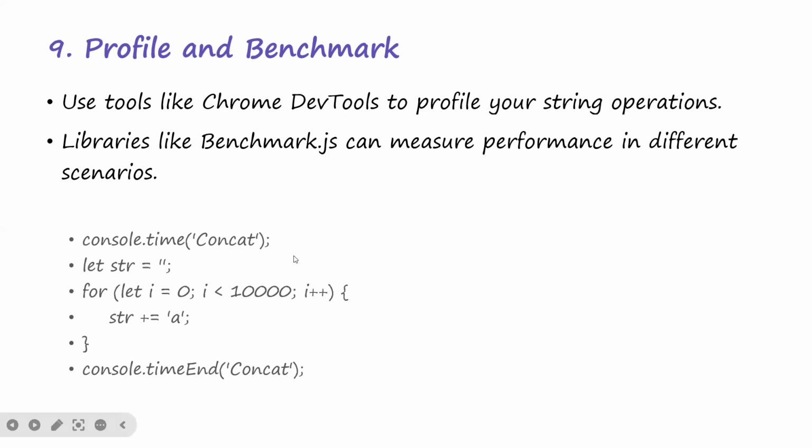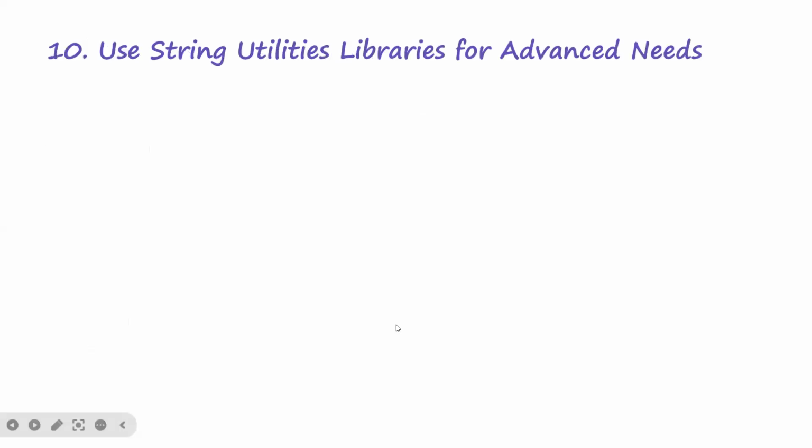So you have to profile and benchmark your code when you're working with string manipulation. You can see here we are doing string concatenation, and we are trying to log the time it took for this task to complete. And with that, you will now know whether it is going to be time consuming and whether it's going to be performant.